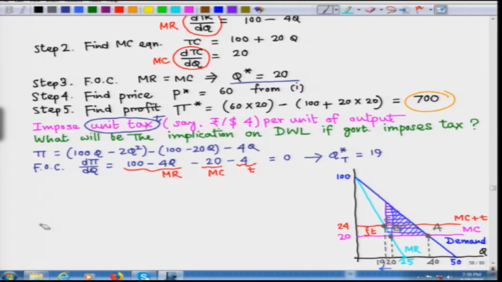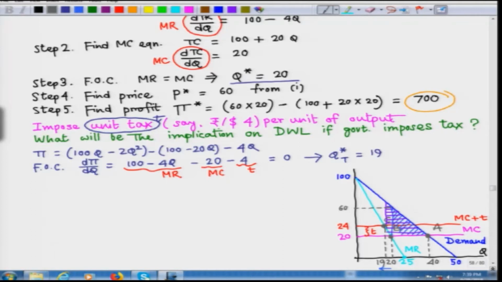So, after we found out the equilibrium quantity levels, we have to figure out the prices, right. So, in the case of monopoly we have seen that the market equilibrium price charged by the monopolist was rupees 60, it was set here.